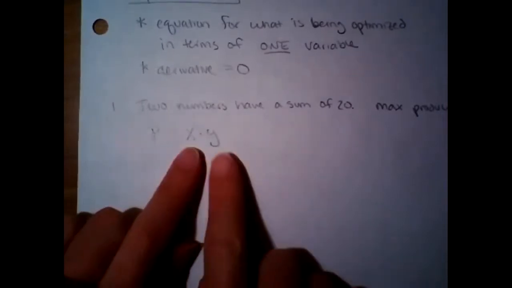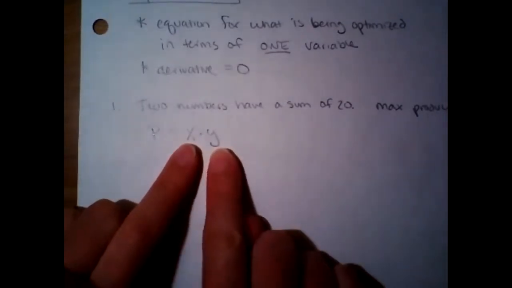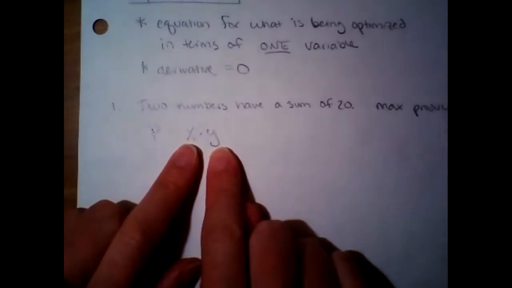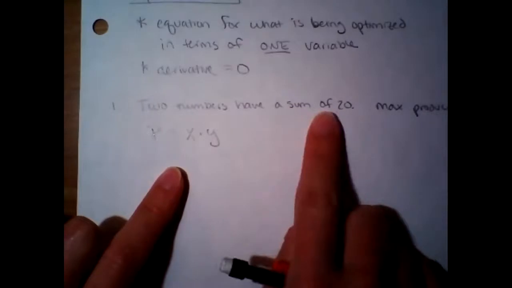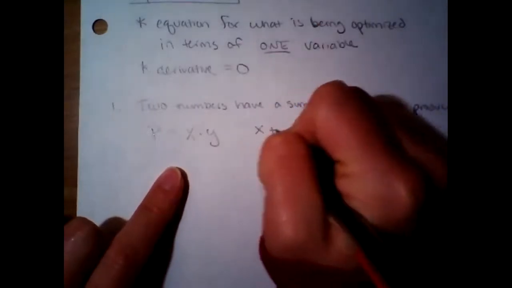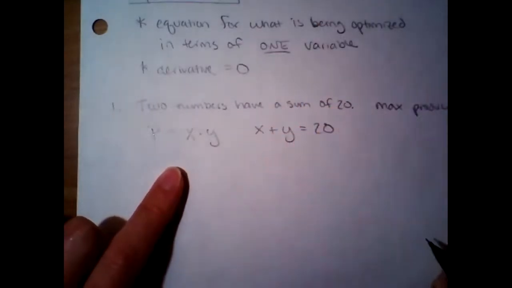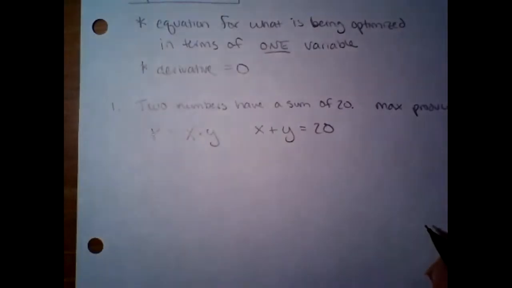Now the problem is that's two different variables. So you need to substitute one of them out, and you do that by using the other piece of information. They have a sum of 20, so if you add them together, you're going to get 20. What I'm going to do is get one of the variables by itself and then substitute. It really doesn't matter which one.